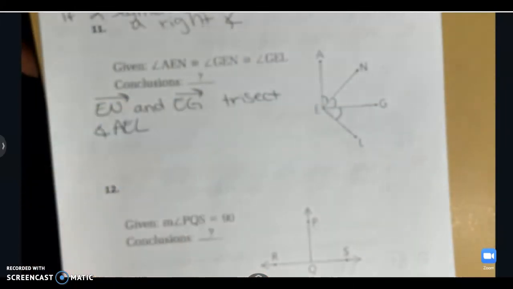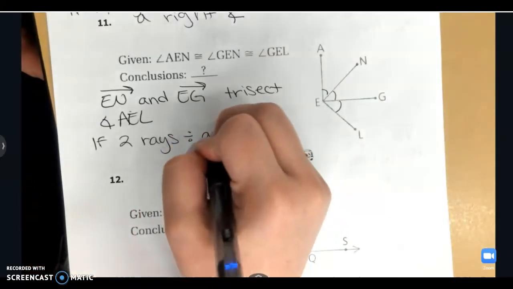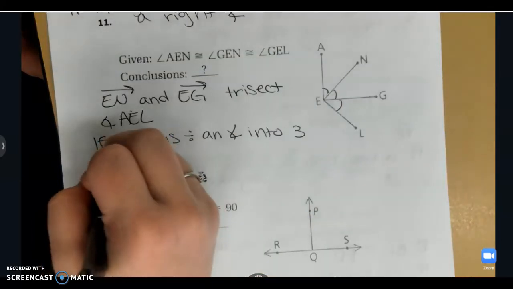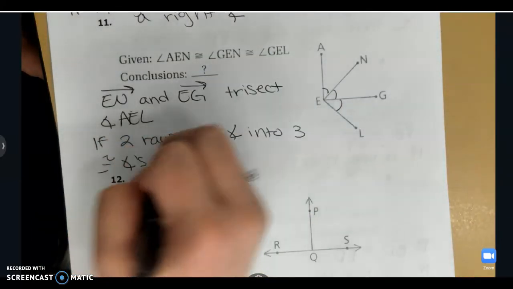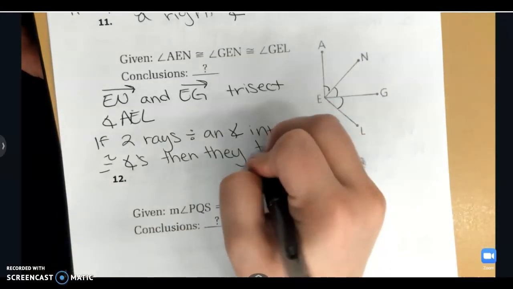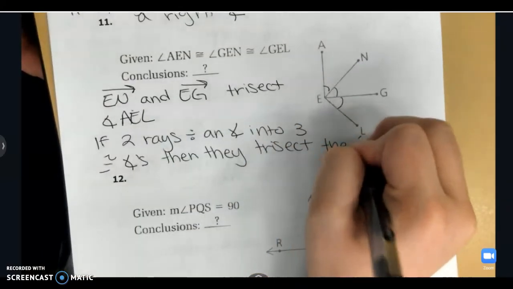And our theorem to support that would be, if 2 rays divide an angle into 3 congruent angles, then they trisect the angle. Split it into 3 equal parts.